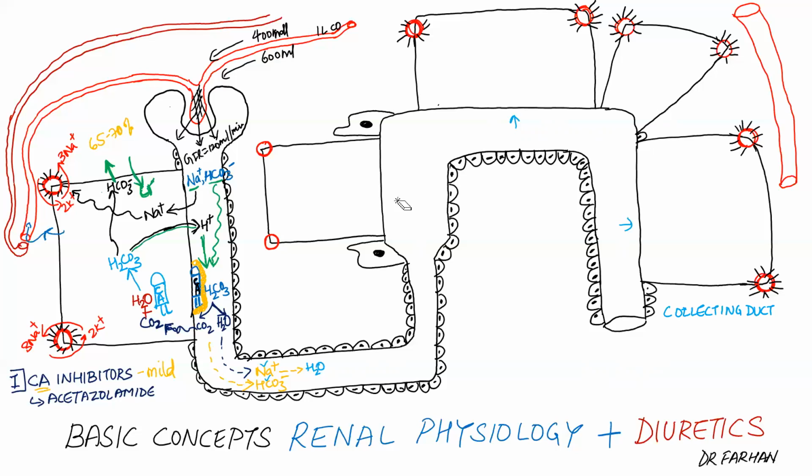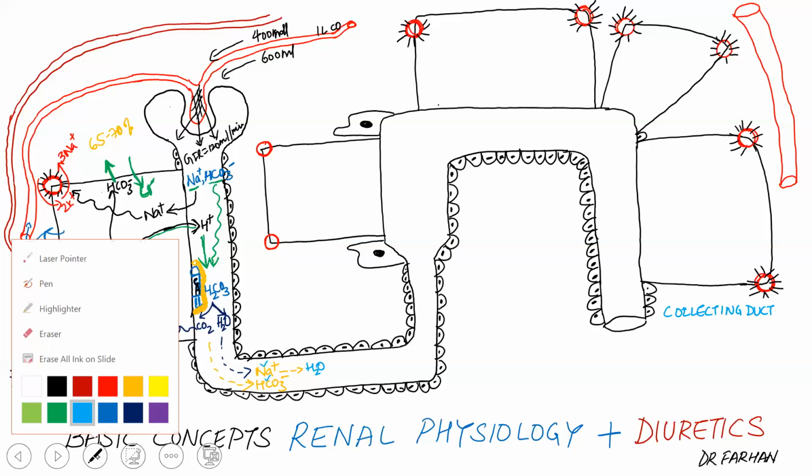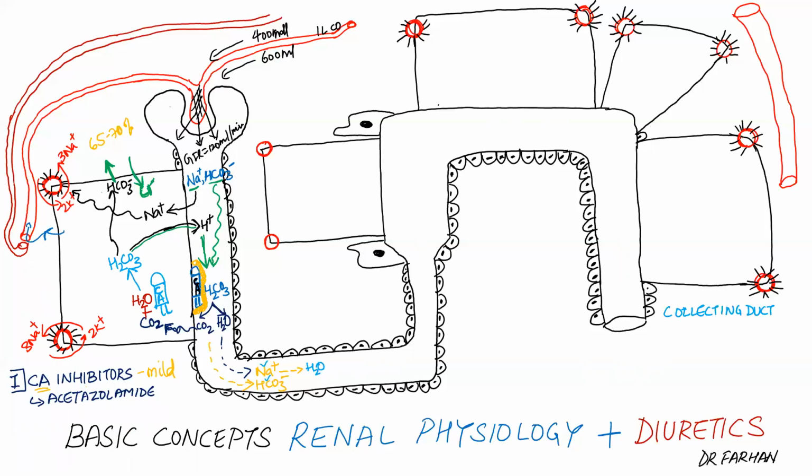In this particular area, the collecting duct, the cells present here have sodium potassium ATPase pumps. These pumps kick 3 sodium out and take 2 potassium in.